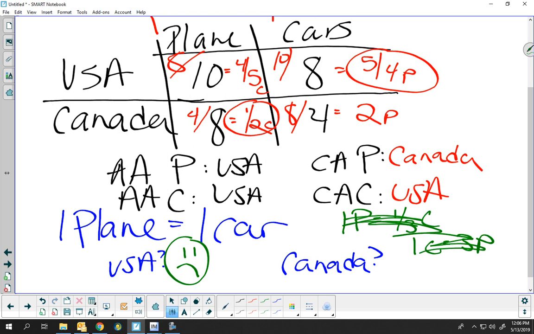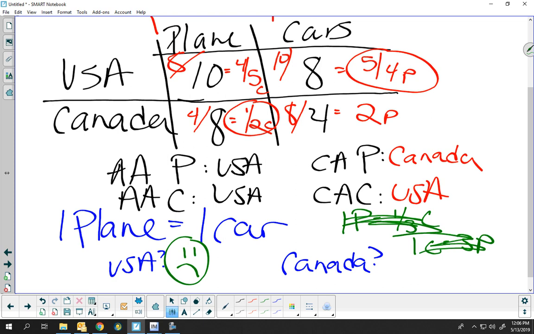They don't care about the price of a car. You are not looking at these two numbers. You are looking at this compared to this. And therefore, with Canada, you're looking at this compared to that.